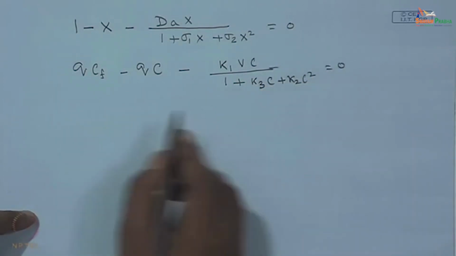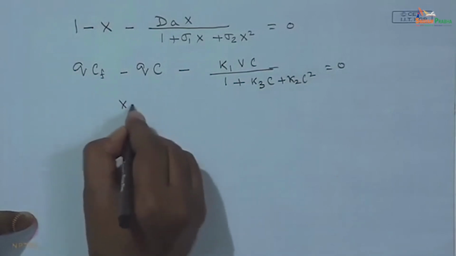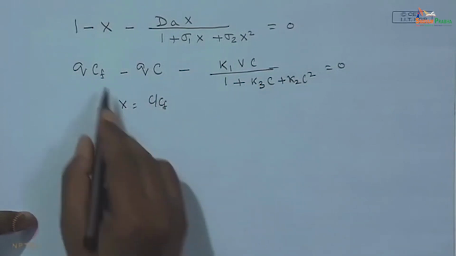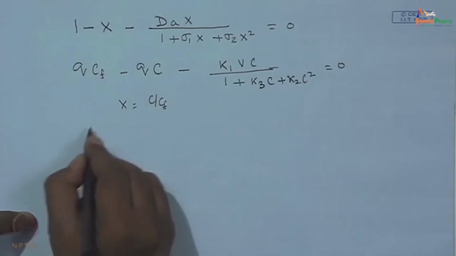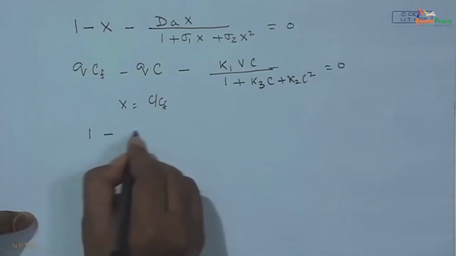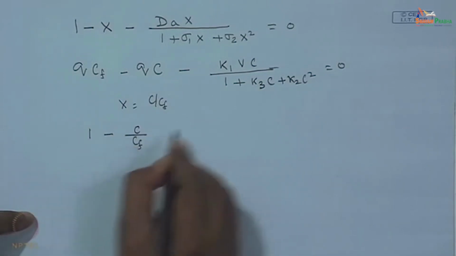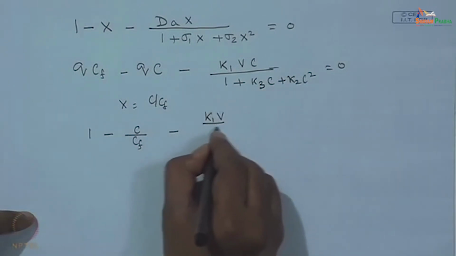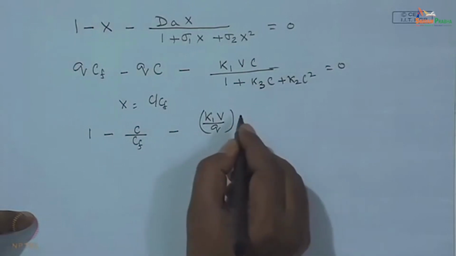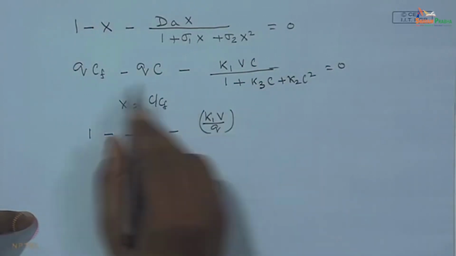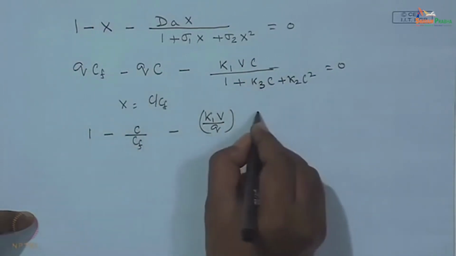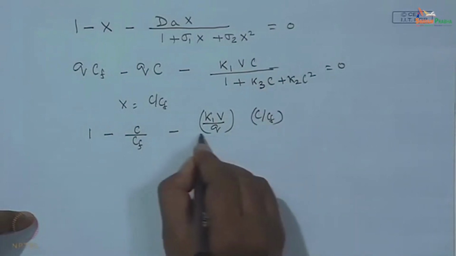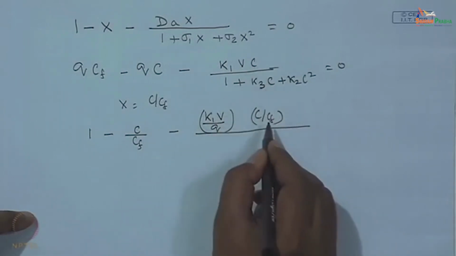We make it non-dimensional. We define x is equal to C by Cf. So, divided by Q and Cf, this becomes 1 minus C by Cf minus K1 V divided by Q, and it is also divided by Cf, so this becomes C by Cf, the dimensionless concentration.